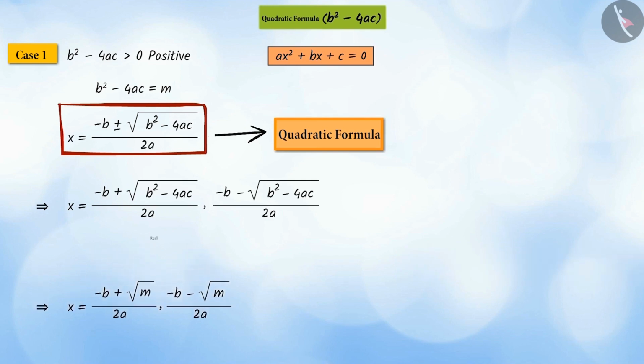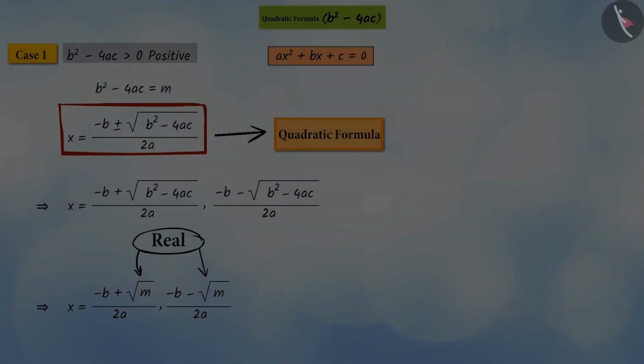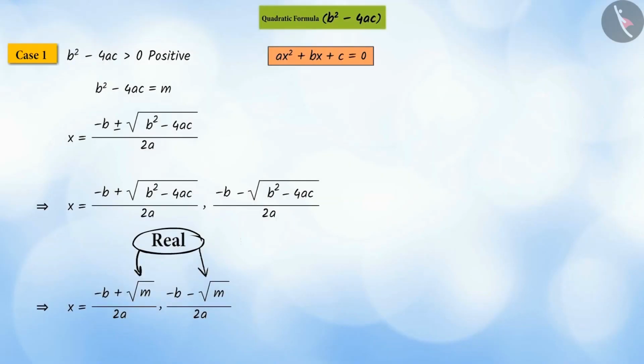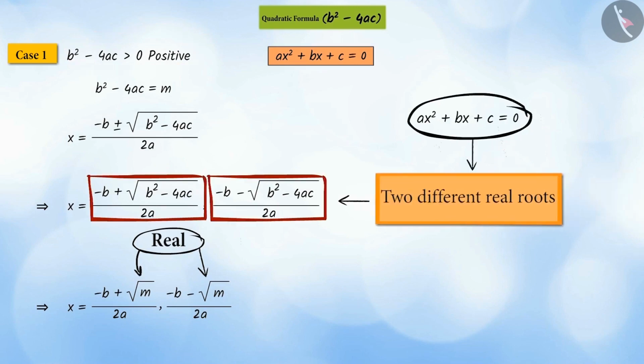The square root of a real number will be a real number. And we know that adding, subtracting, multiplying, or dividing any real number with a real number always gives a real number. So b square minus 4ac being larger than 0, that is being positive, you can say that the quadratic equation will have two unequal real roots.